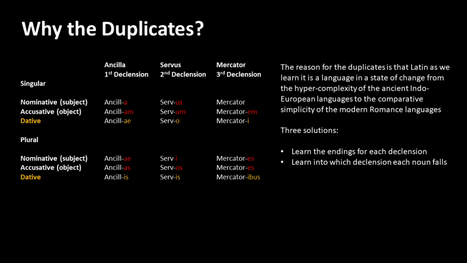What you must learn is that mercator means merchant and that mercator is a third declension noun. This being done, when you see mercatori, you will know at once that it means to or for the merchant and not the merchants. My last piece of advice is to be aware of context.